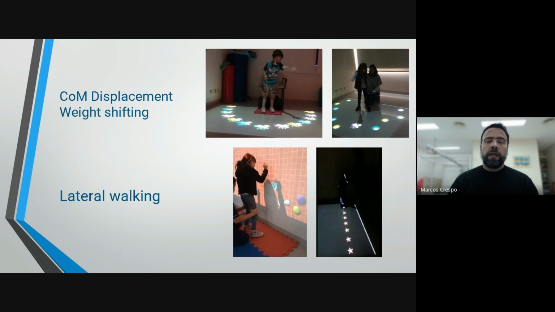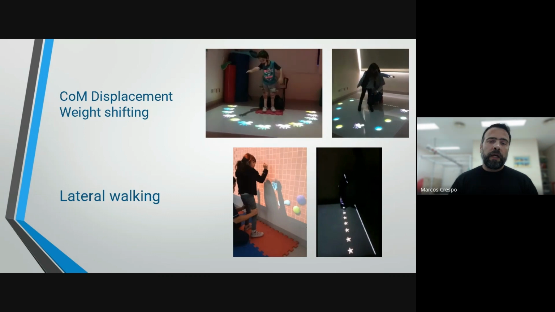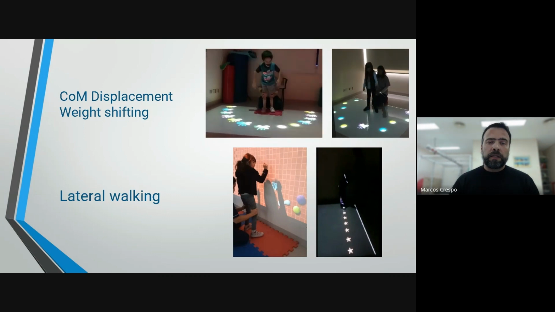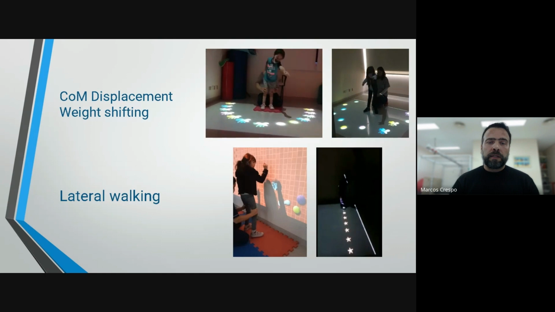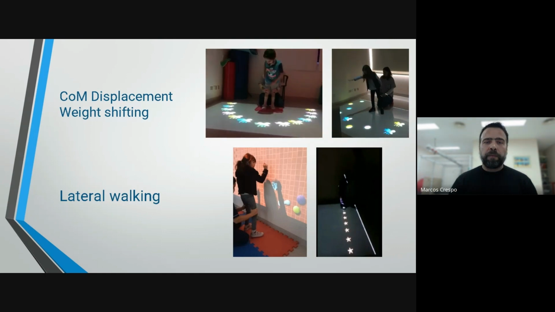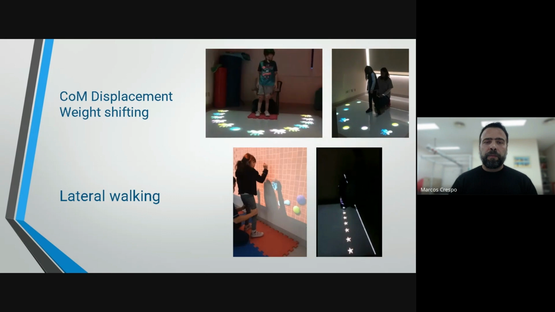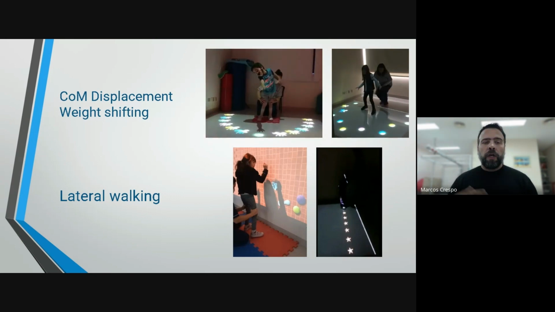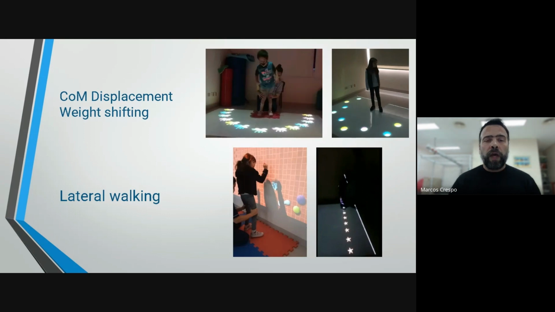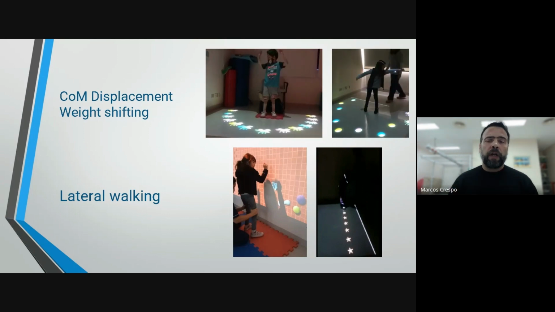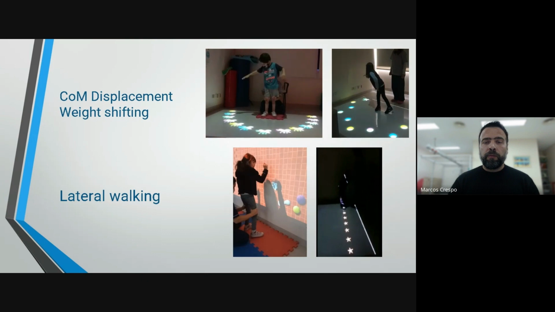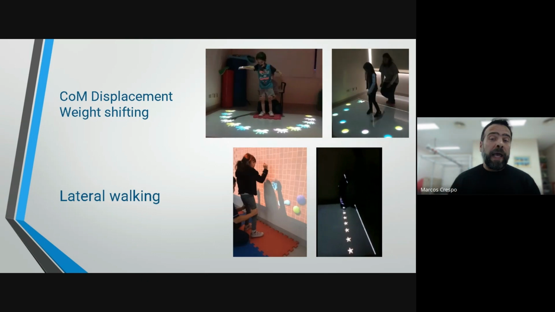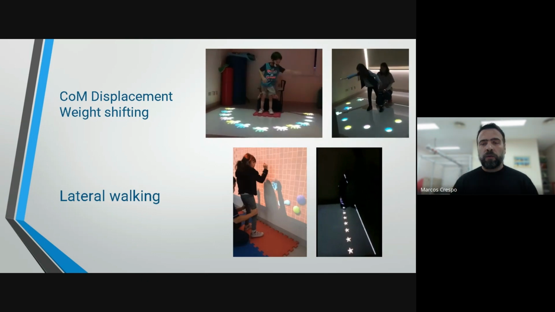In this session, in the beginning of the rehabilitation, the physical therapist helps with the biomechanical alignment, with the posture, and the patient starts to shift his weight from one leg to another, using the stimulus to play and to engage with the activity.